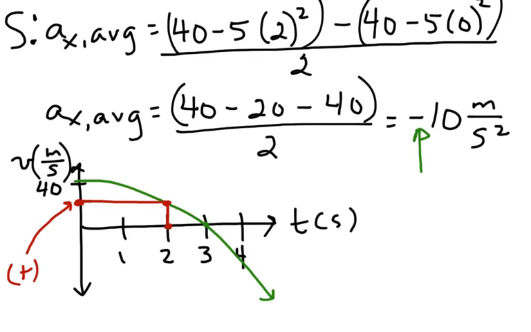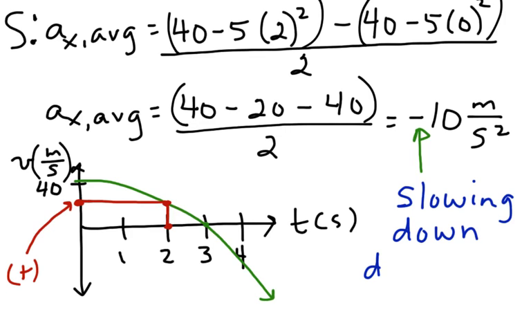That positive value means that the object has a positive velocity at 2 seconds, and they are therefore moving in a positive direction. And so since they are moving in a positive direction, this negative in front of my 10 indicates slowing down. Or we could say the object is decelerating.